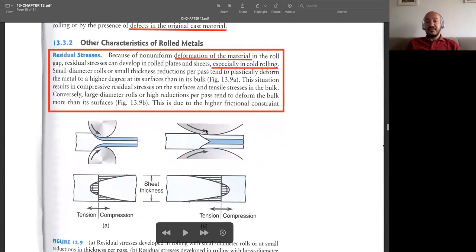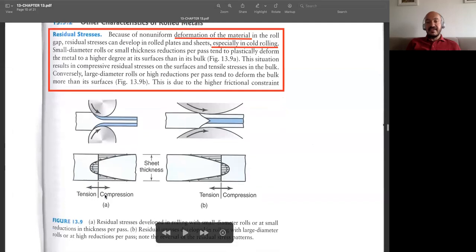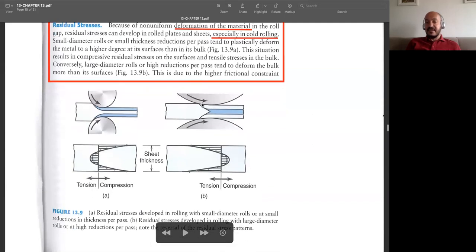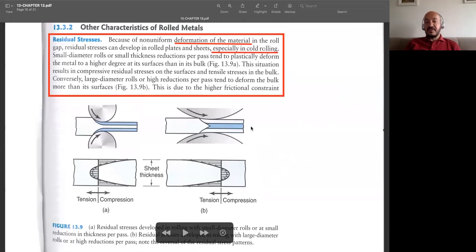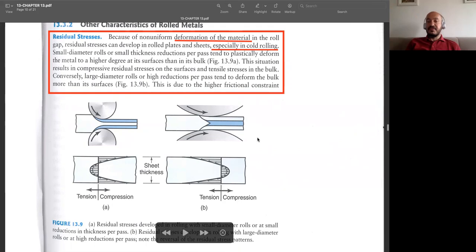And it is vice versa if you are using a larger diameter roll; if you are using smaller ones, this is the case. But once the diameter of the roll is increased, we will have tensile stresses at the surface, but compressive stresses at the center of our workpiece. So you should be careful about it, and depending on your application, you may go with a larger or smaller radius of rolls.